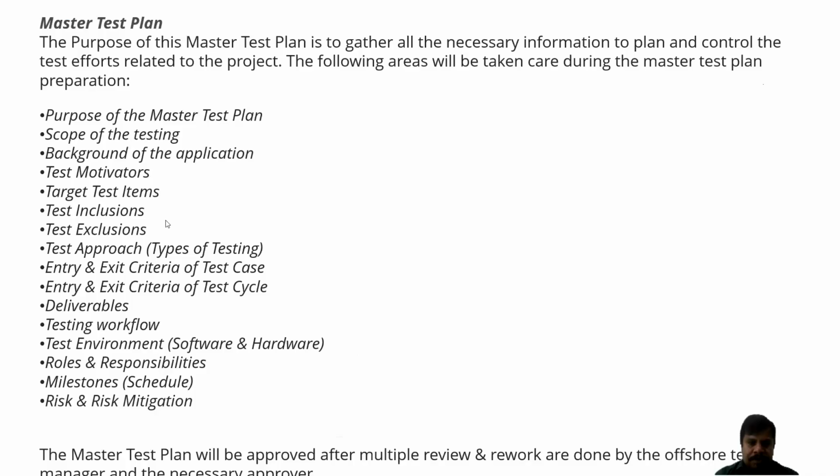Test inclusion means what should be included in the test. Exclusions means what is to be left out of the test. Test approach, that is, types of testing. Entry and exit criteria for test case as well as test cycle. Deliverables, testing workflow, test environment like software or hardware, roles and responsibilities, milestones, risk and risk mitigation.